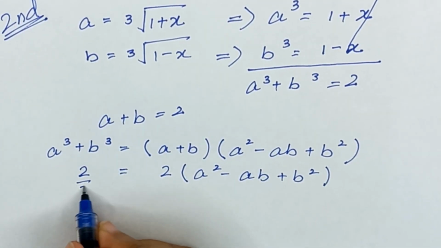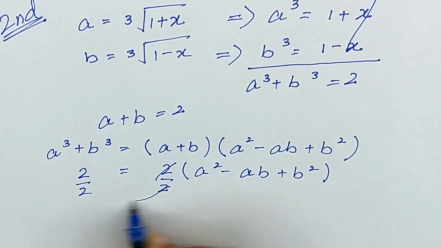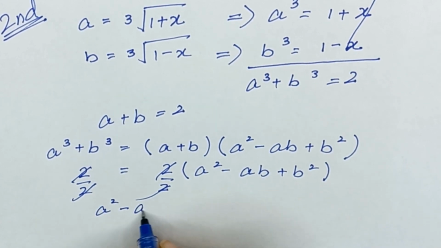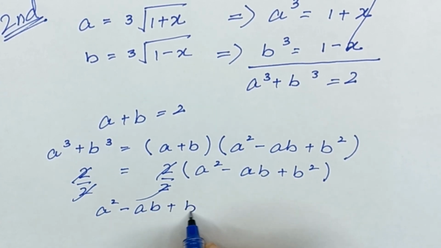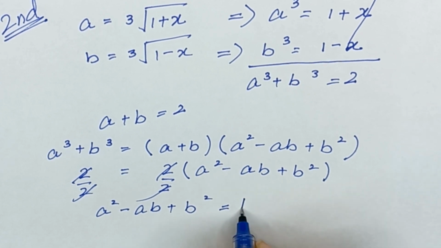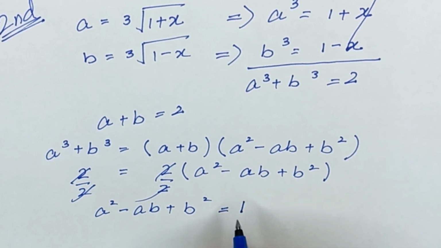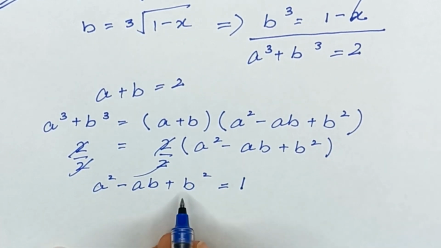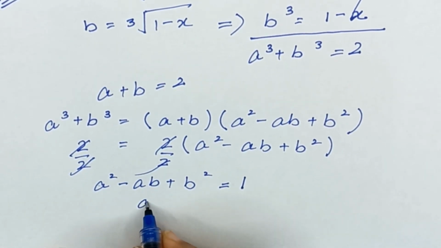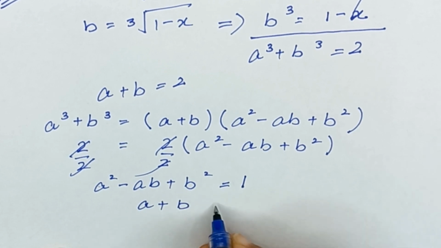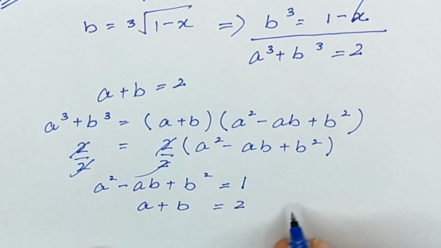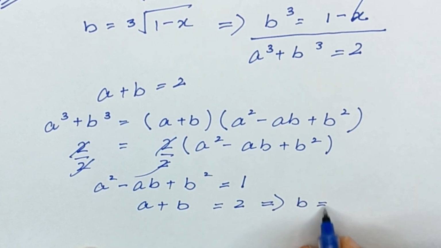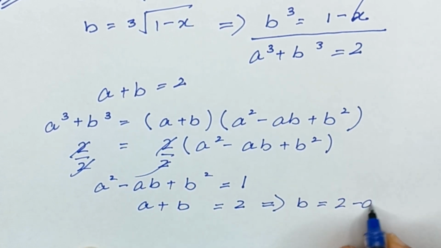Dividing 2 on both sides, a square minus ab plus b square will be equal to 1. So here we have another equation, a square minus ab plus b square is equal to 1, and we know that a plus b is equal to 2.